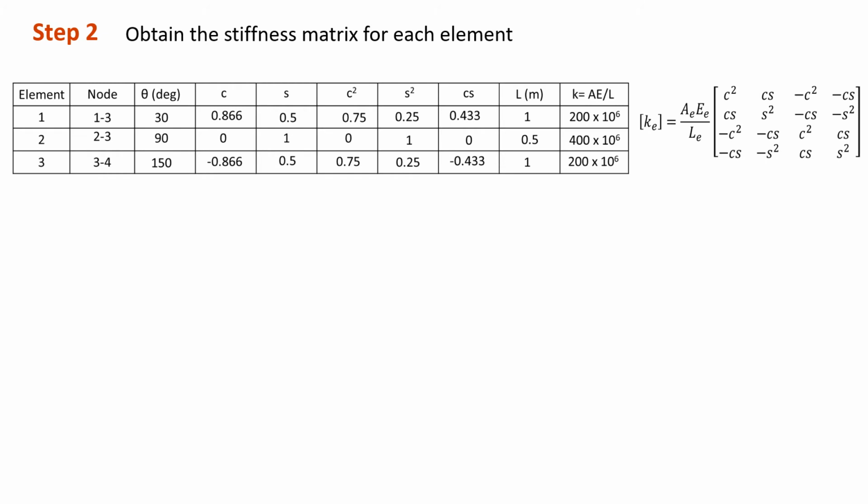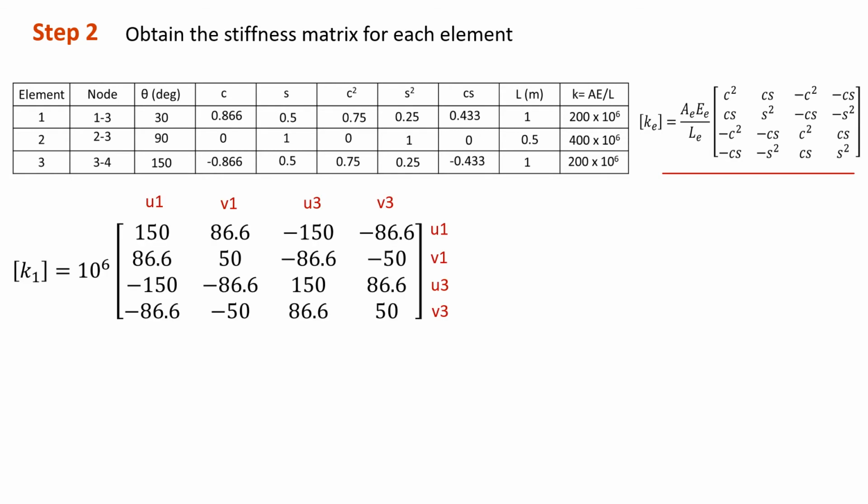Once we have listed down all the important parameters, next we can determine the stiffness matrix for each member using this equation. For example, for element 1, we obtain this K matrix. The first value here, 150, we obtain by multiplying the K value here. For element 1, we have 200 mega times C square. In this case, C square is 0.75.